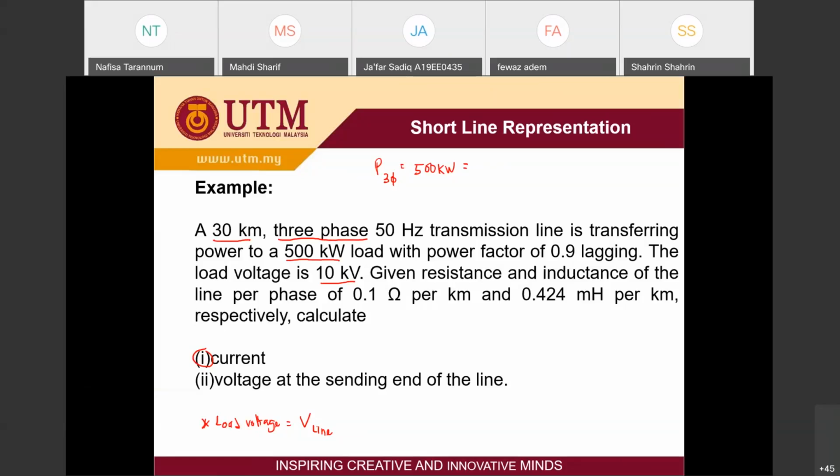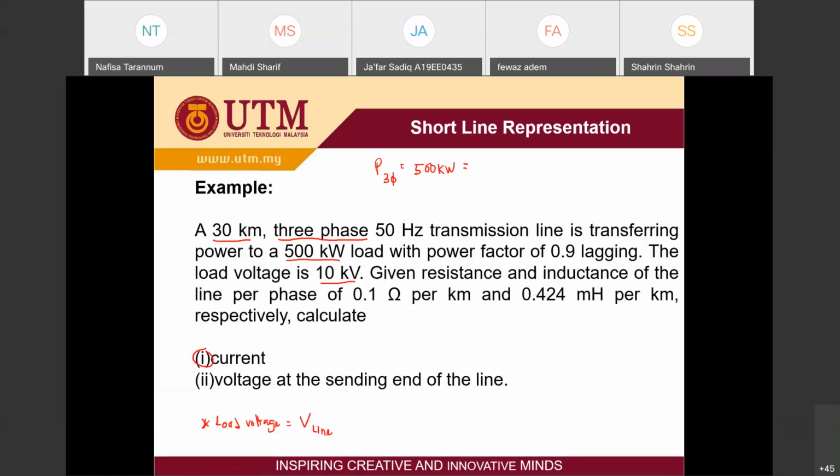So that's why sometimes the power lecturers know automatically that the load voltage is always referred to as the V line, because in all their applications, their research, their work, they know that the V load is always V line.